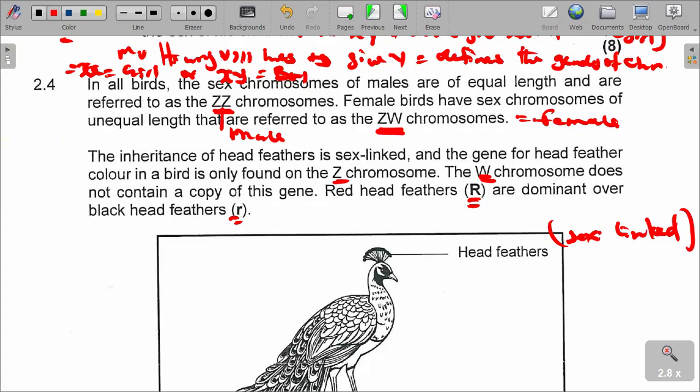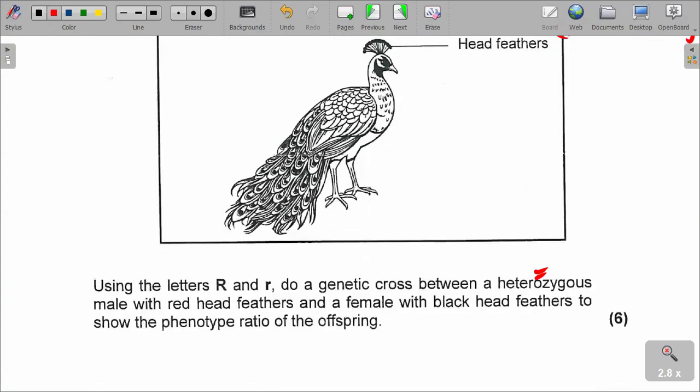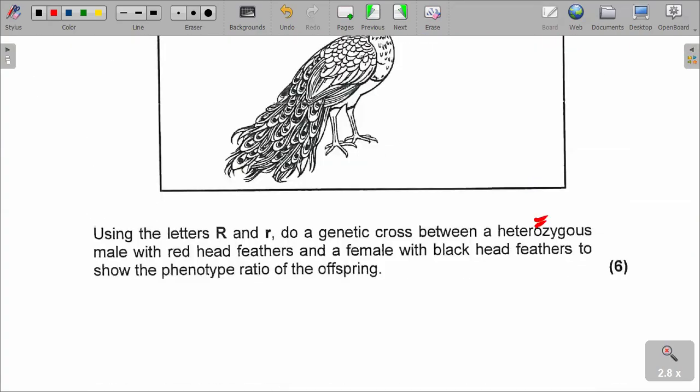So now, what we need to look at is that female birds have sex chromosomes of an equal length that are referred to as ZW chromosomes. So we are given that, using R, to do a genetic cross between a heterozygous male with red head feathers and a female.